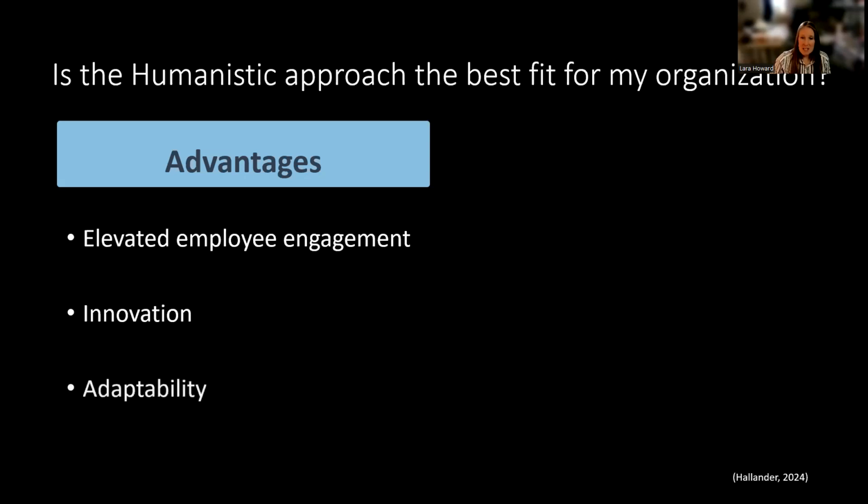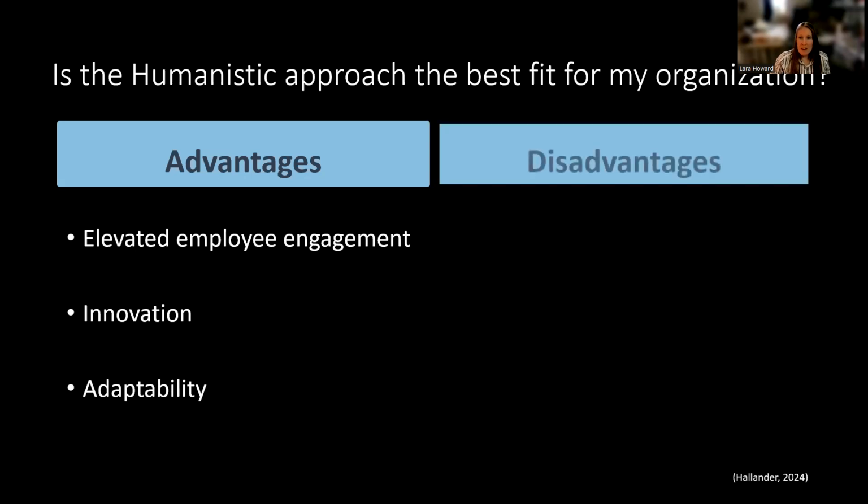And humanistic management demonstrates flexibility and adaptability, allowing it to respond effectively to shifting circumstances and the evolving needs of employees. There can be challenges when adapting a humanistic management style, which include the potential for inefficiency.